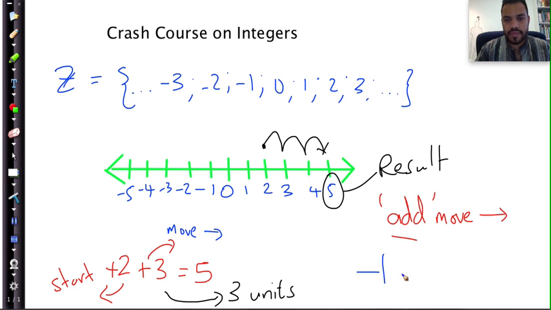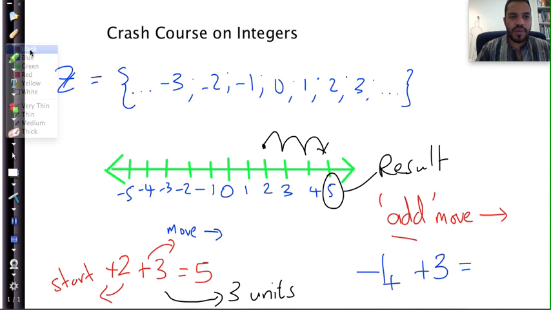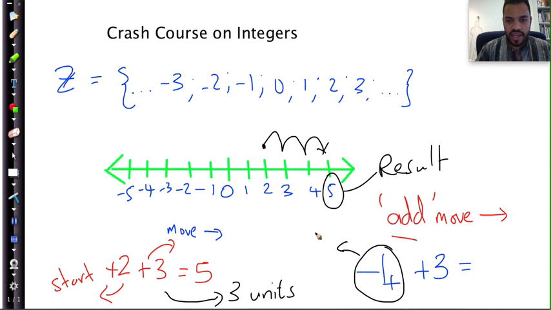Then, if I were to say -4 plus 3 equals, can you tell me what that number is going to be? Well, we apply the same principle. We are going to start there at -4, and then we are going to move 3 units to the right.